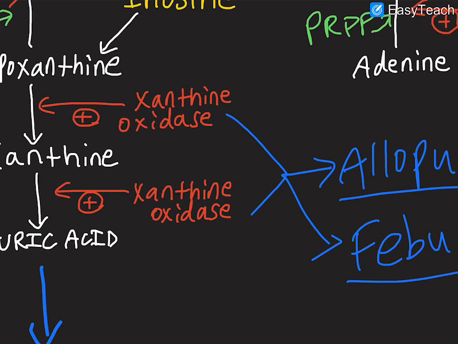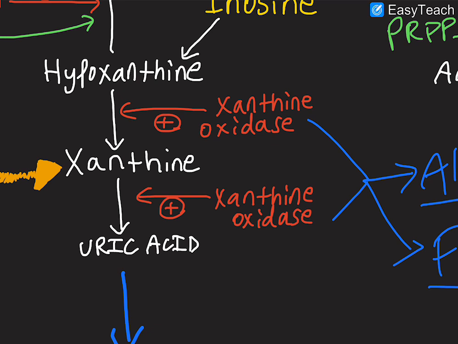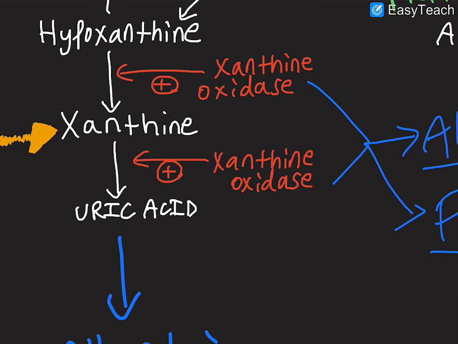So what does that mean? If you inhibit xanthine oxidase, that ultimately leads to decreased uric acid production, and that's a good thing, especially for people who have gout. They have hyperuricemia, meaning high uric acid levels, so you want low uric acid levels.